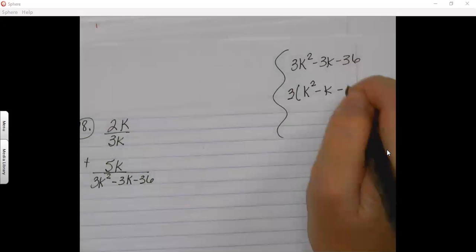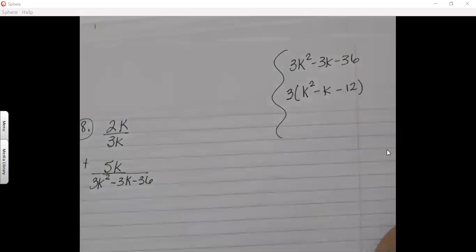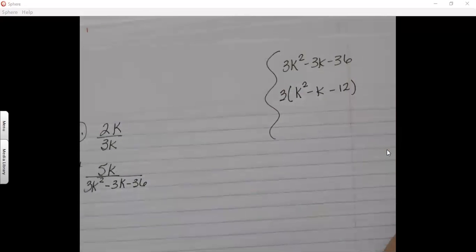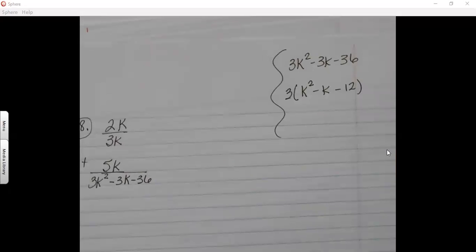So I have a quadratic. I would need two numbers that multiply together to give me negative 12 and add to give me negative 1. Positive 4 or positive 3?